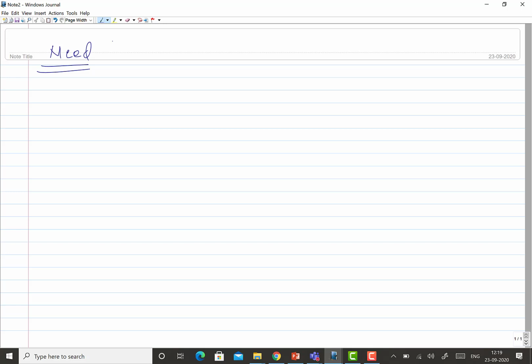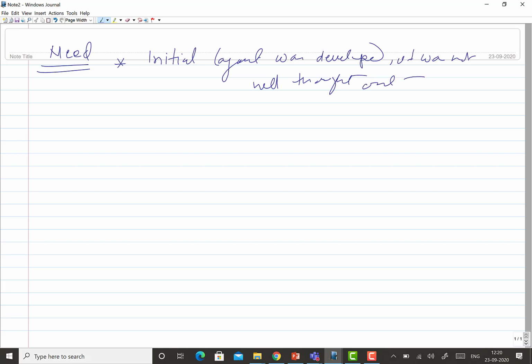It is possible that whenever the initial layout was developed, it was not well thought out. This is one typical case.